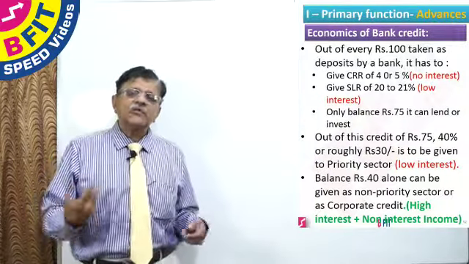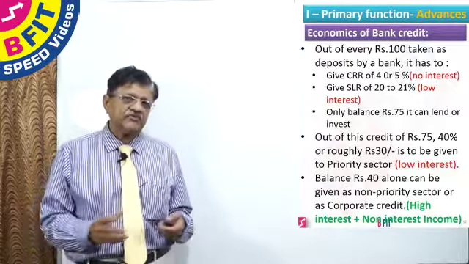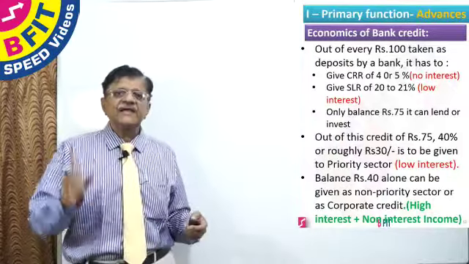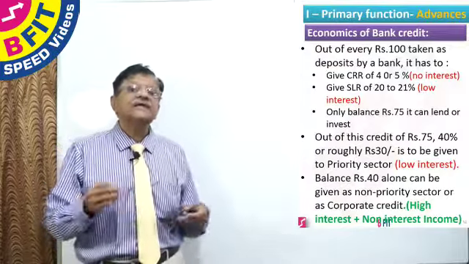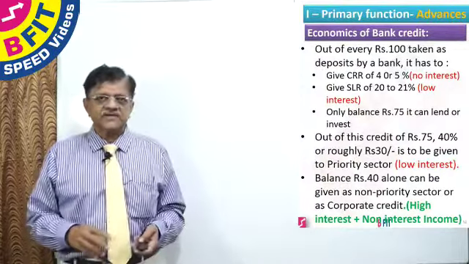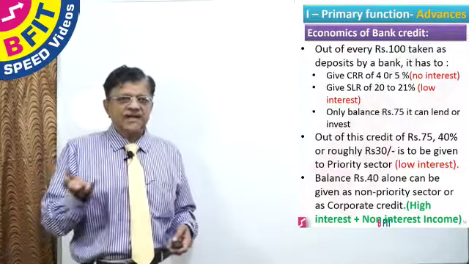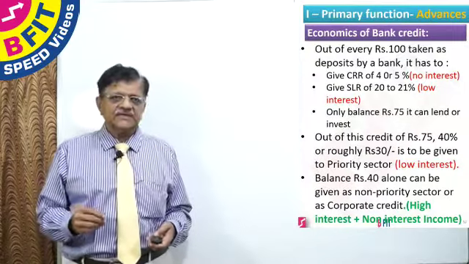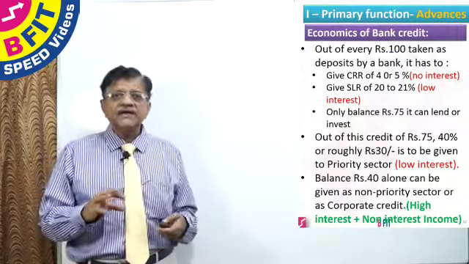So what is the remaining amount with him? Approximately 40 rupees. 40 to 45 rupees will be available with him. Only that he can lend for corporate credit or in high interest income earning credit, which will help him to boost the bank's income. Also, this corporate credit will give non-interest income.